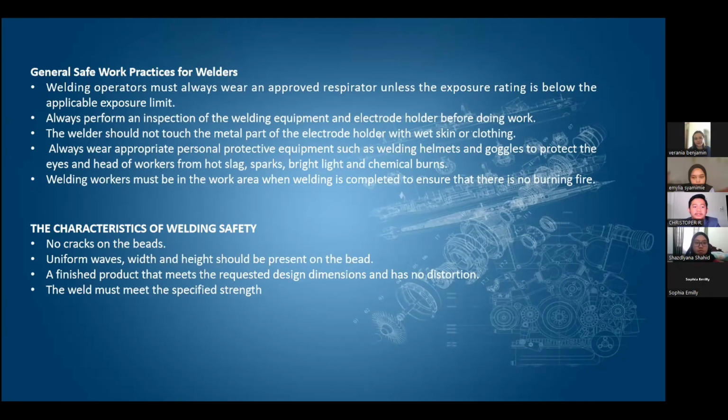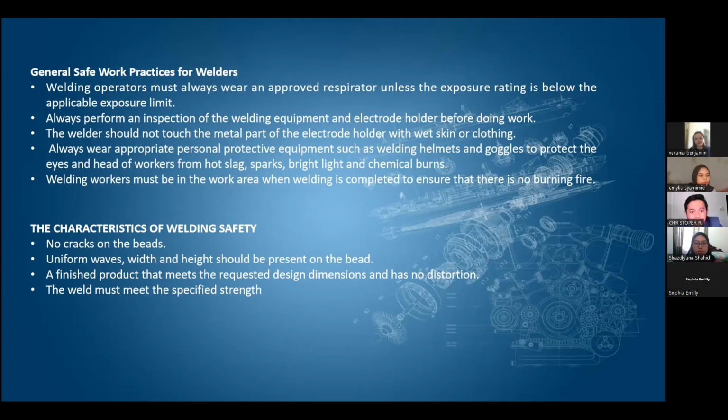Right, this is the general safe work practice for the welder. Firstly, the welding operator must always wear an approved respirator unless the exposure rating is below the applicable exposure limit.